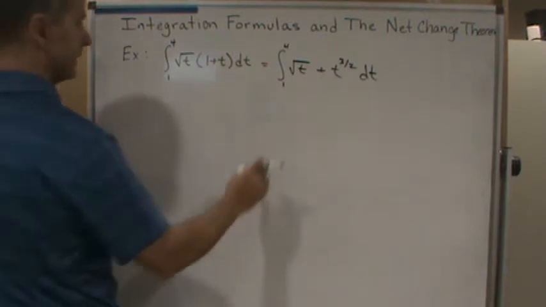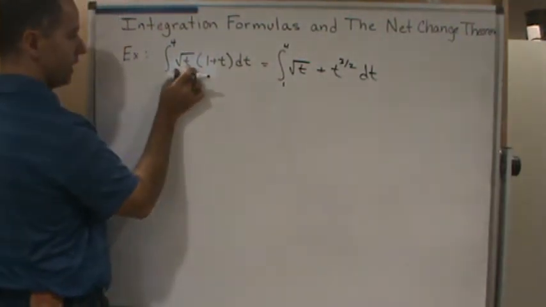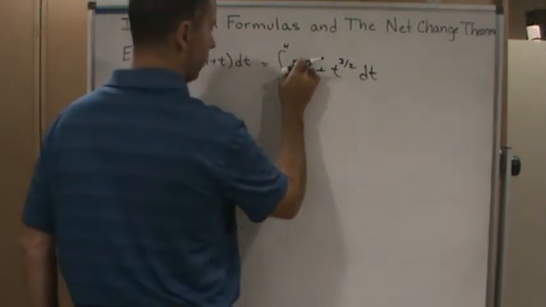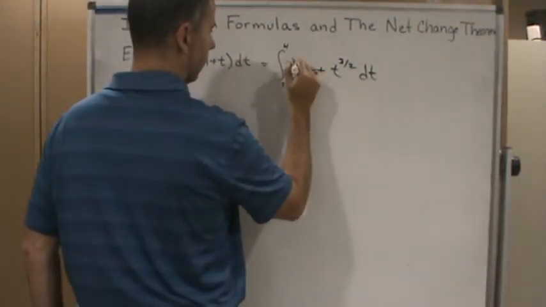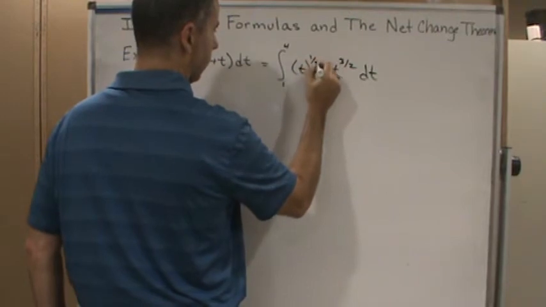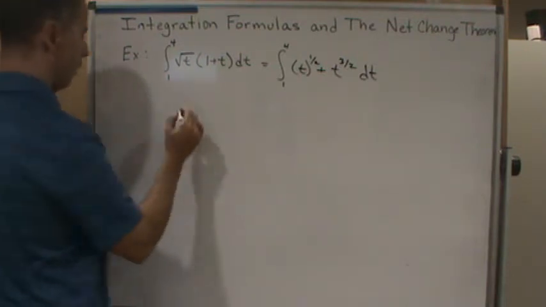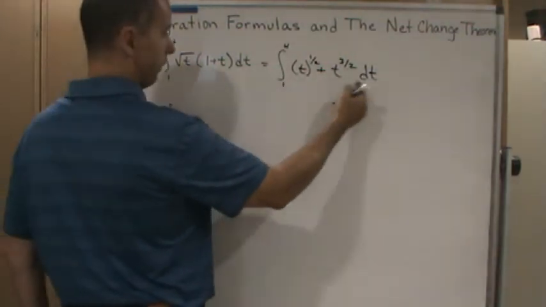Okay, so if you can't see it here, you could change this to t to the 1/2 power and distribute it. Now it becomes obvious that I can use the power rule for integration. So now I got to find the antiderivative.